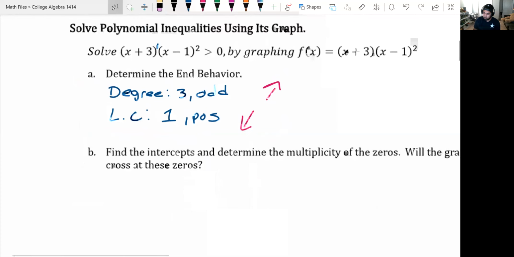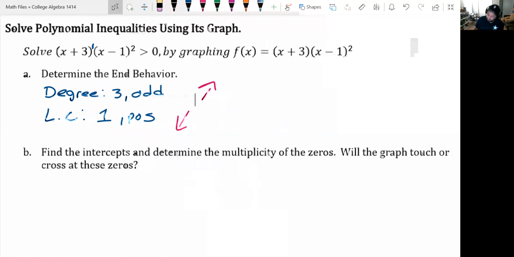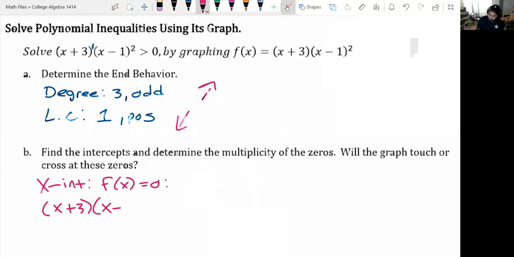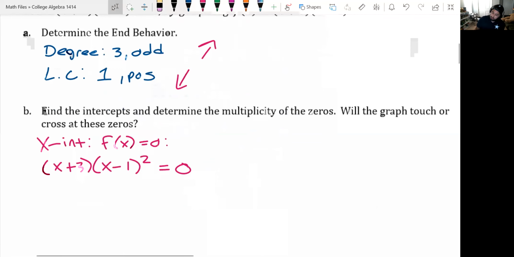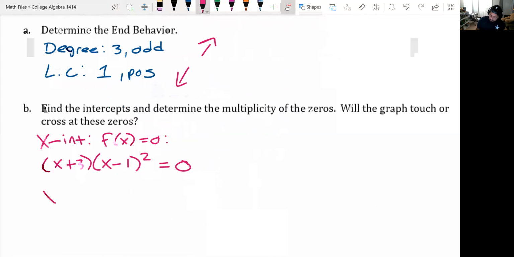Next is, what are the intercepts and their multiplicities? Here we'll find the x-intercepts. You set f(x) equal to 0, so (x + 3)(x - 1)^2 = 0. We get x = -3 and x = 1.